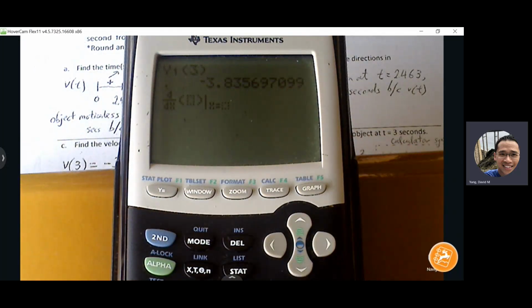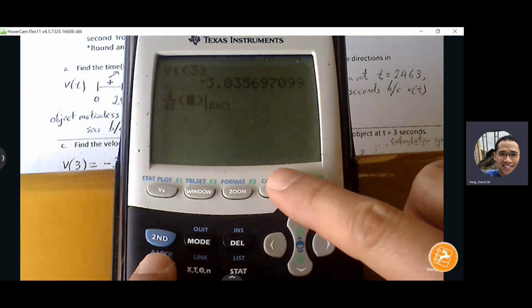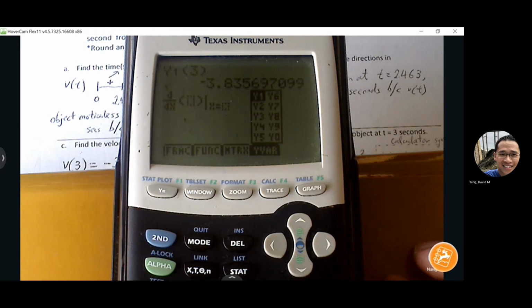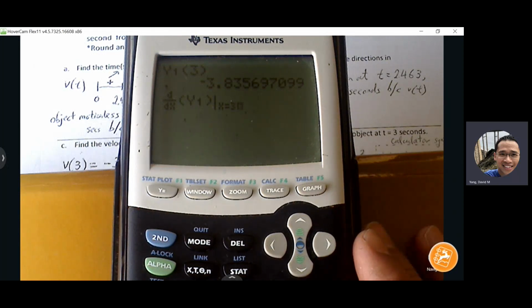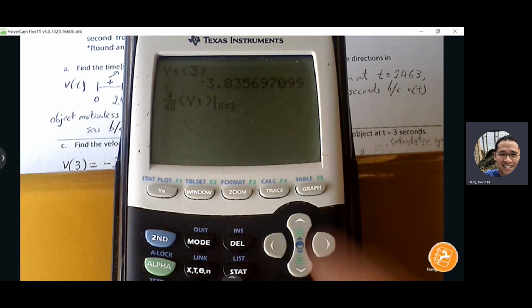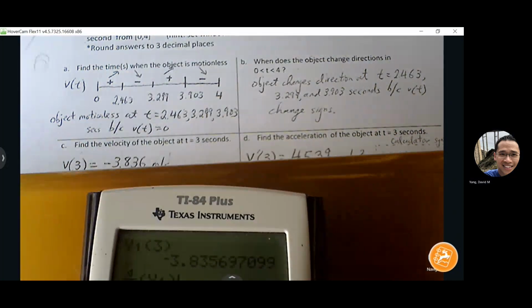You don't have to keep typing in the velocity function; alpha trace Y1. I'm trying to find the derivative and insert a value, so I plug in 3. I'm basically making the calculator do all the work for me. It's finding the derivative and inserting that 3 for me to get that slope, that velocity value.